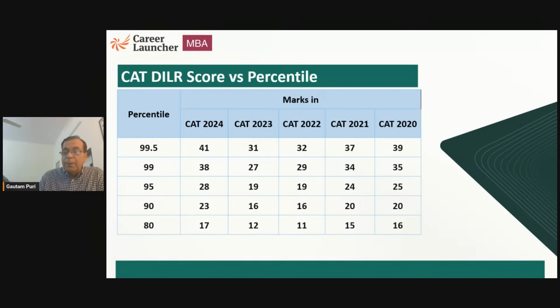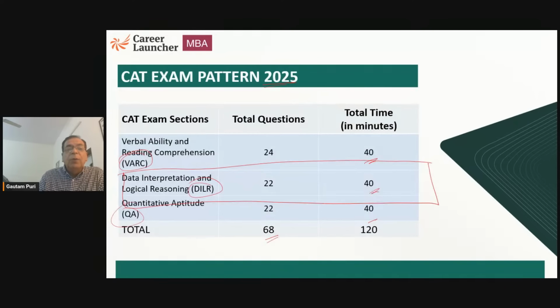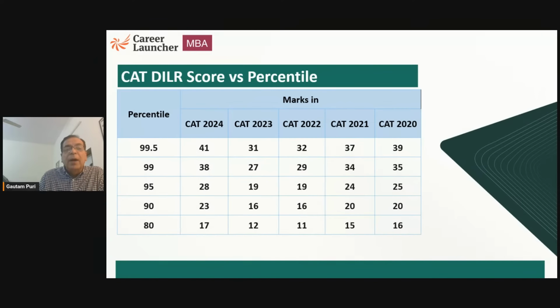If you look at the paper of CAT 24, CAT 24 had 22 questions of 3 marks each, so this is a 66 marks paper. CAT 23, 22, and 21 had 20 questions each, so these were 60 marks papers. And CAT 2020 had 24 questions, so this was 24 into 3, a 72 marks paper.